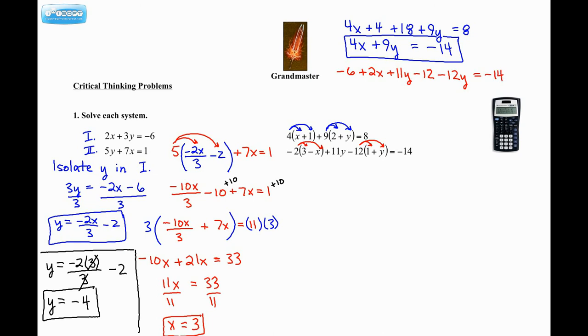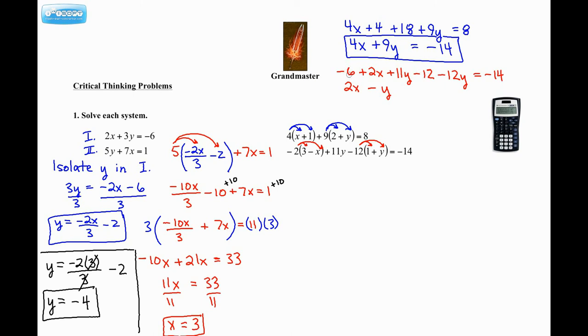And we're told that is equal to negative 14. All right, so let's combine some like terms. So this is the only x term, so I'll just write that right now. It's 2x. And I have 11y minus 12y. Well, that's just minus y, or minus 1y. And then I have negative 6, and I have negative 12.